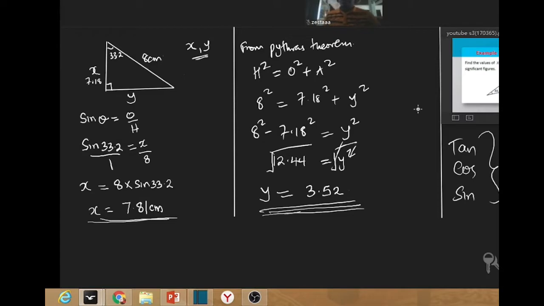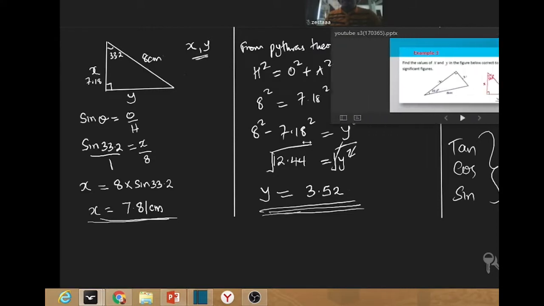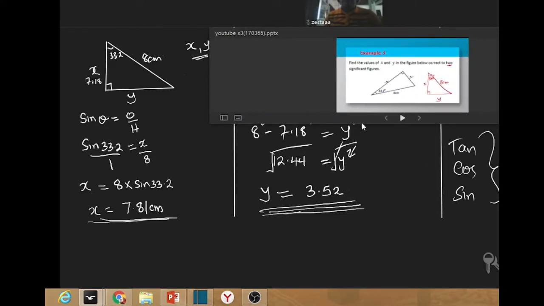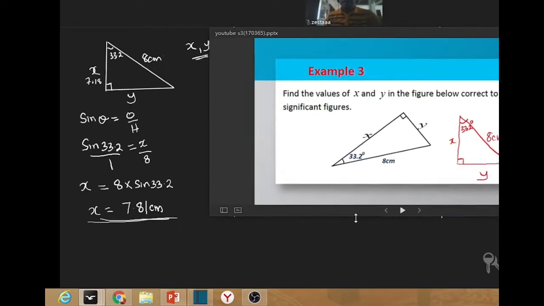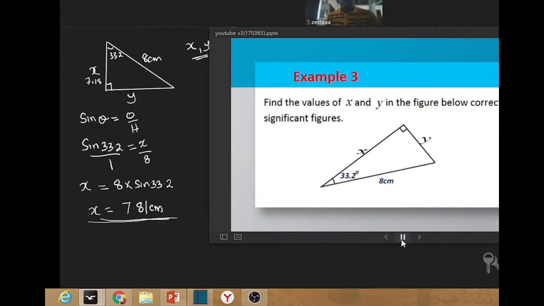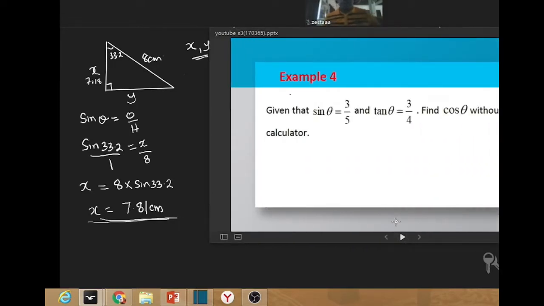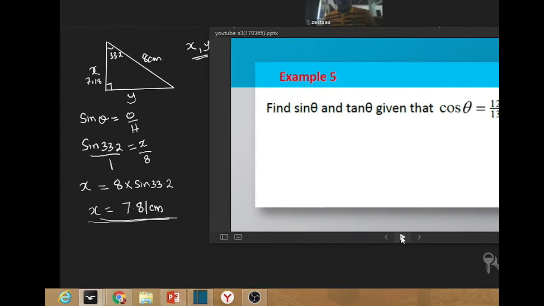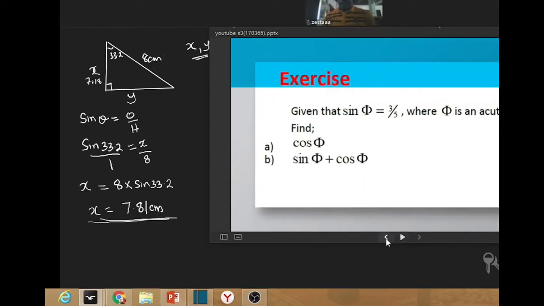There are quite a few more numbers that you'll keep working through. I've given you this number, and I think you can see it; you can try it out on your own. I have this example, and that example as well. Try to work it out, send it through Google Classroom, and I'll check through.